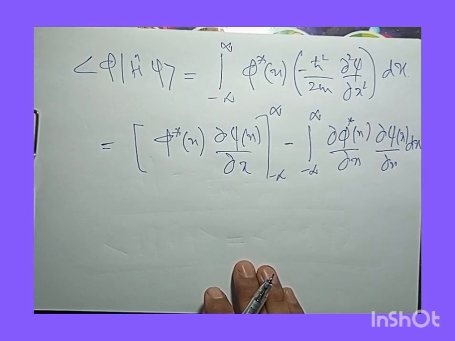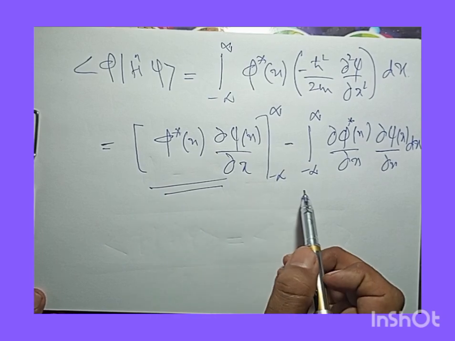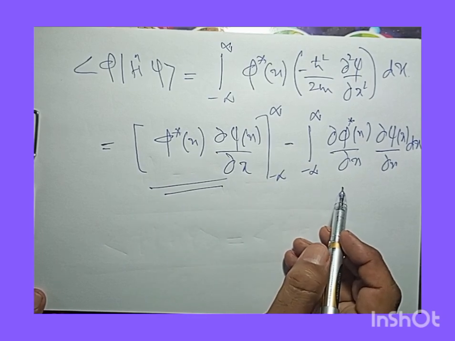Now, using the same boundary conditions as we used in the case of the momentum operator, this term is going to vanish, and you'll be left with a single term over here.